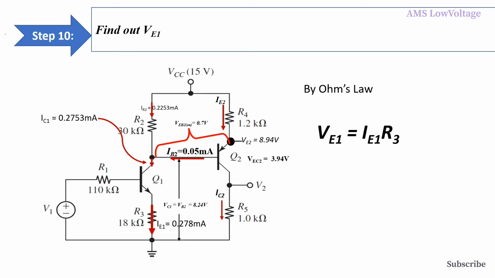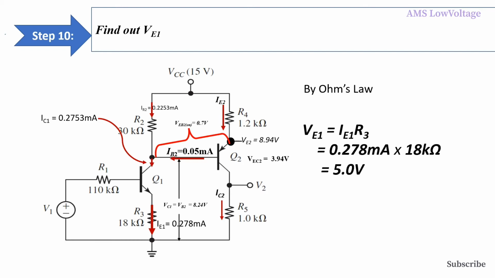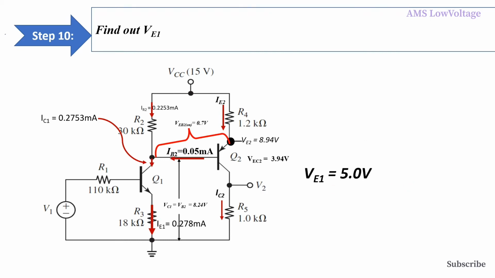Putting the values, we find VE1 equal to 5 volt. I put this value, 5 volt, here for VE1.